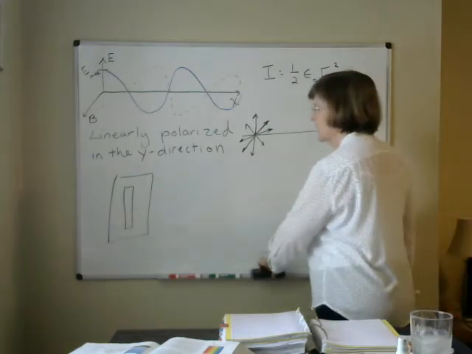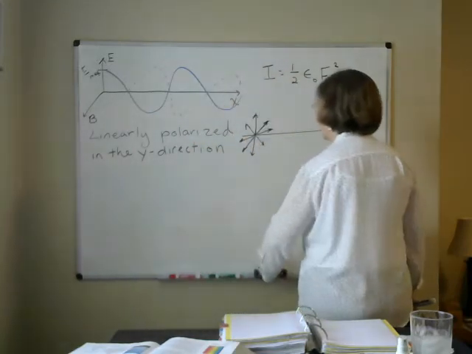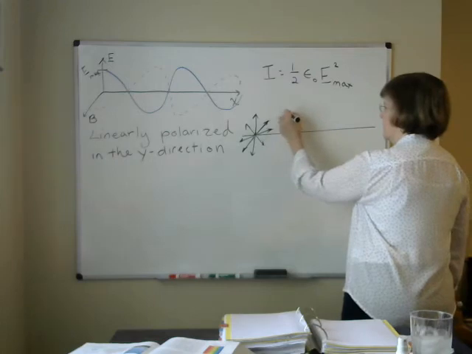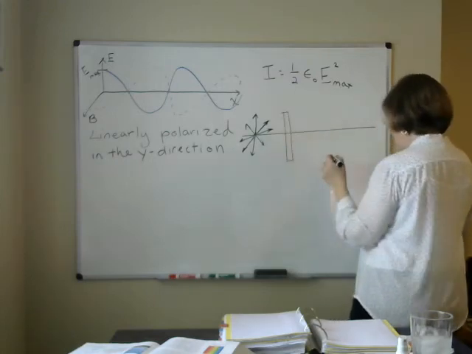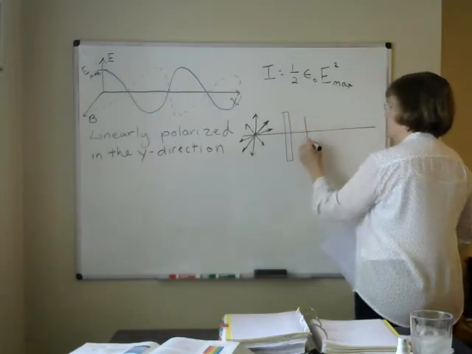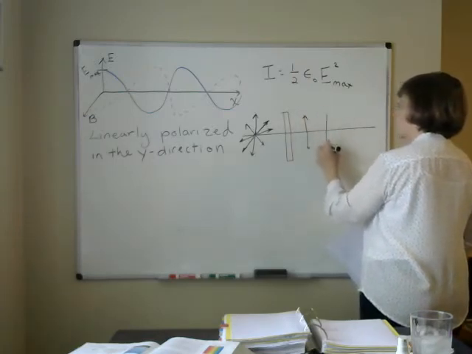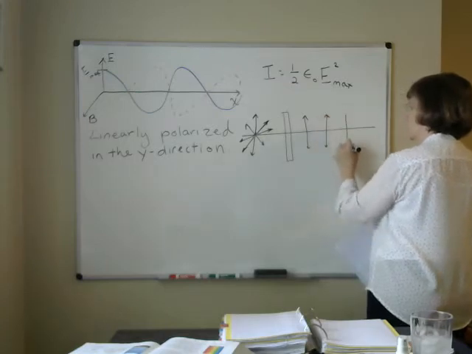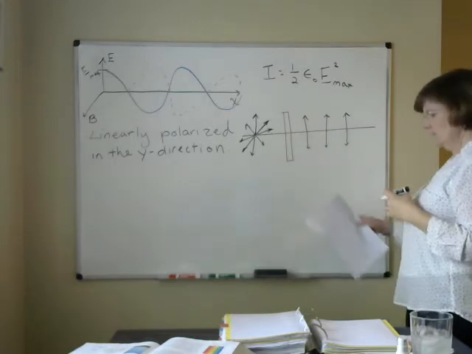That's exactly what a polarizing filter does. So you put a piece of polarizing filter here, and all of the waves that come through it are now polarized. The electric field can oscillate up and down, but it can't oscillate in any of those other random directions.